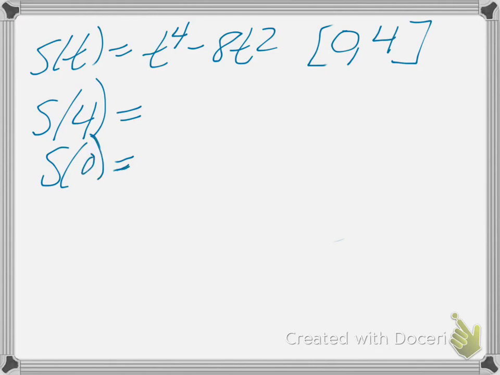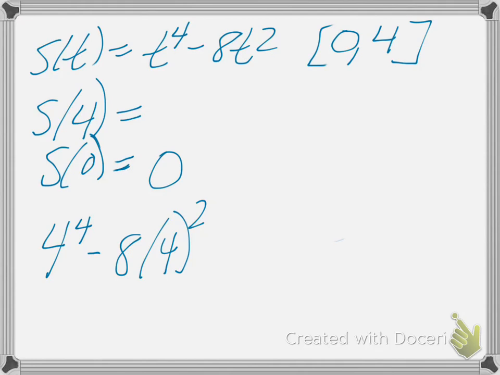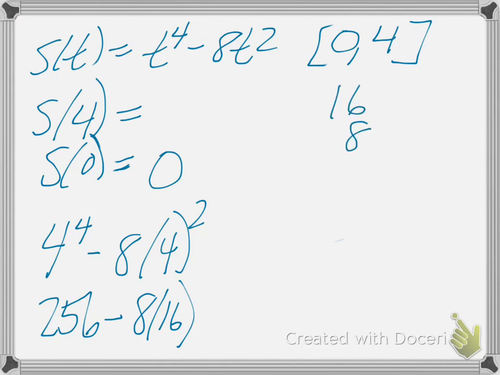Okay, so S of 0 we said was already going to be 0. And S of 4 is going to be 4 to the fourth minus 8 times 4 squared. And let's see, so we're going to have 16 times 16, so it's going to be 256 minus 8 times 16. Let's see, 16 times 8 is 128.